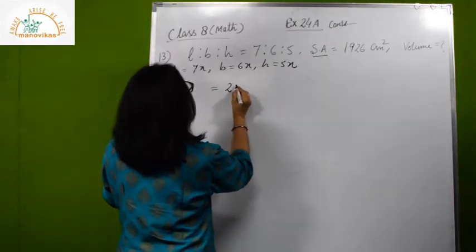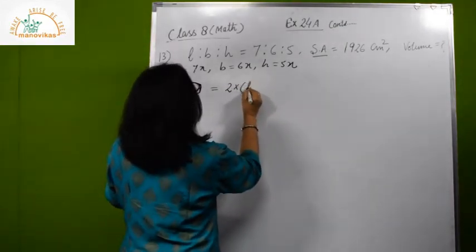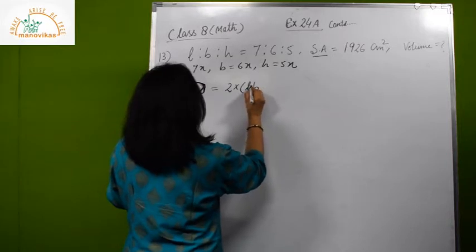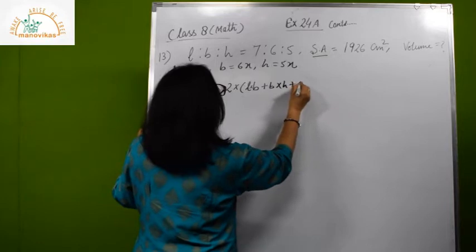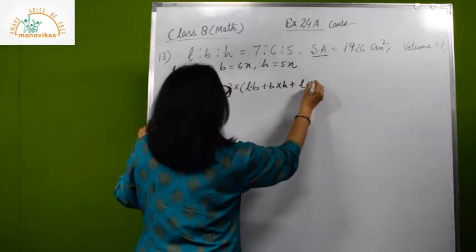So the total surface area formula is, as you know, 2 times (length into breadth plus breadth into height plus length into height).